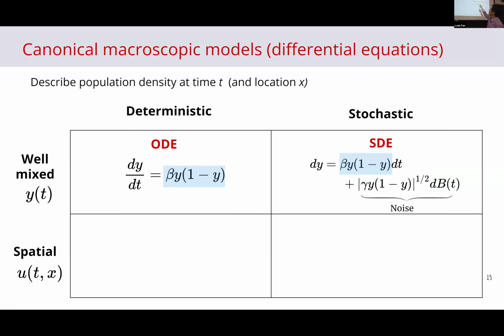And the SDE here is the classical Wright-Fisher diffusion, which is used a lot in population genetics. There's a new parameter, gamma, an extra parameter here, and an extra term here that captures what is not captured in a deterministic model. It can model randomness. It can also model ignorance. So it's a noise term, and this B_t is the Brownian motion.